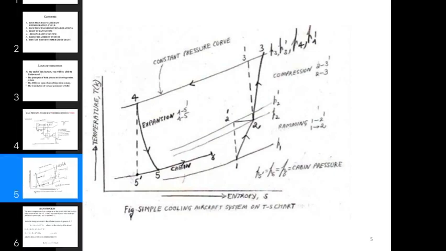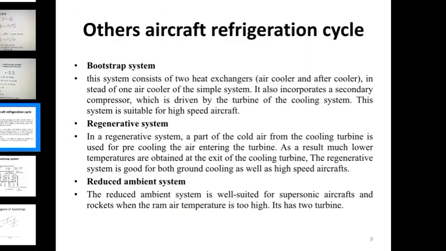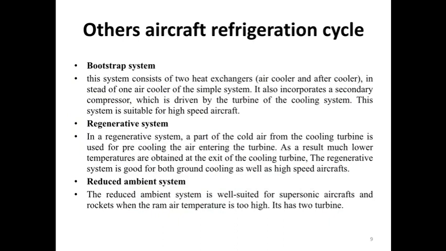Then next you can have the bootstrap refrigeration system, and in this system there are two heat exchangers instead of one. It also has two compressors, one the main compressor and another the secondary compressor, which is driven by the cooling turbine.